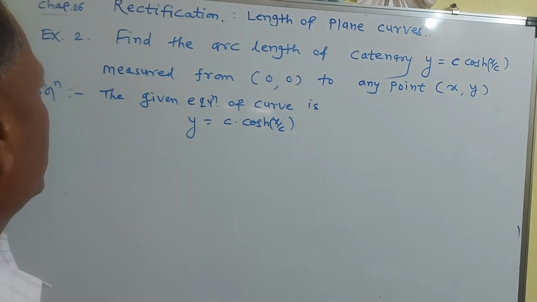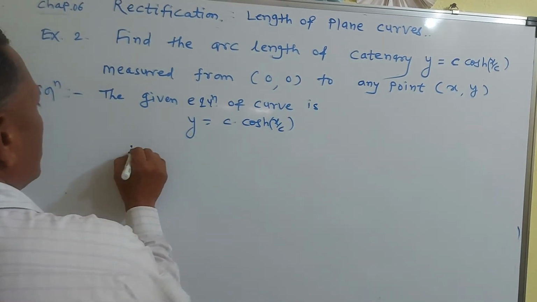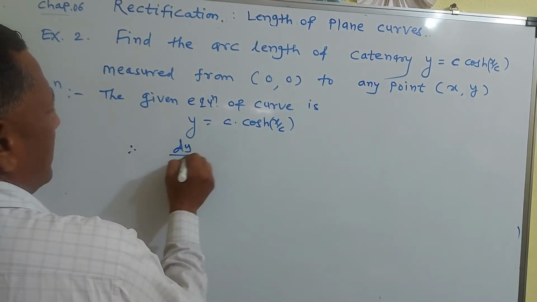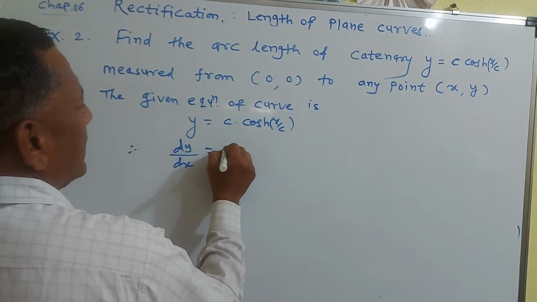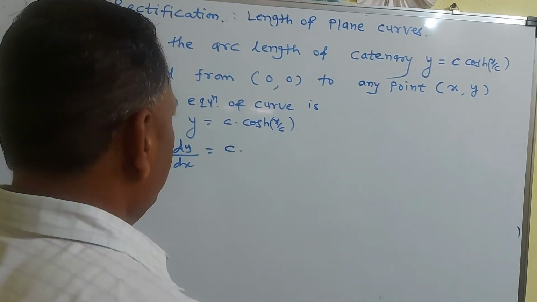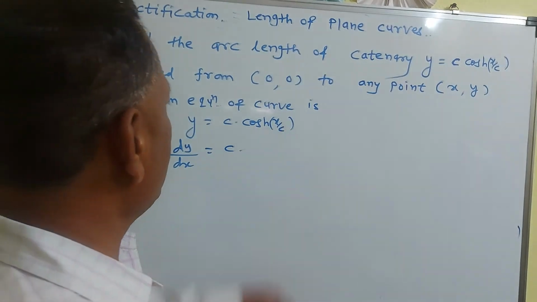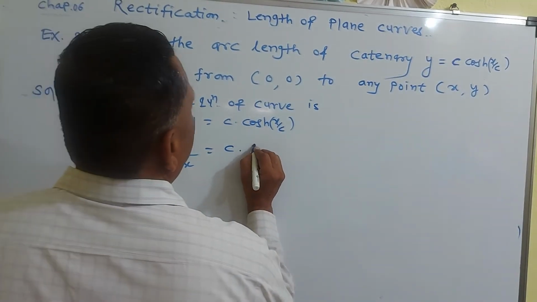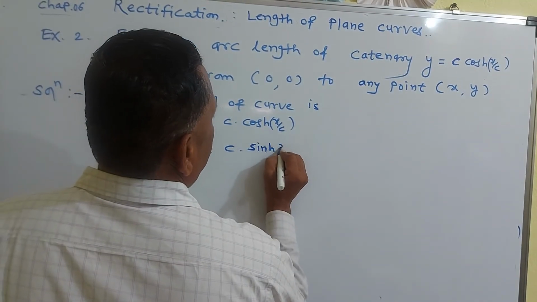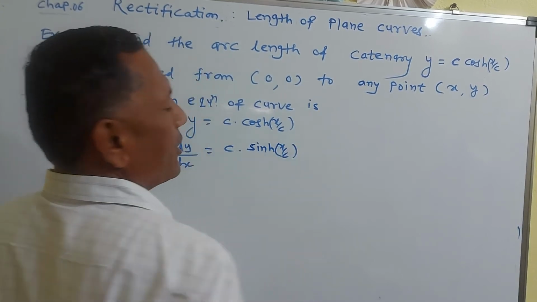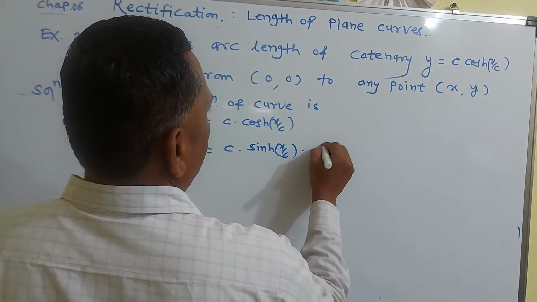So here you need dy by dx. Therefore differentiate this with respect to x. dy by dx is equal to c, which is constant, times the derivative of cos h of x upon c, which is sin h of x upon c, into the derivative of x upon c, that is 1 upon c.